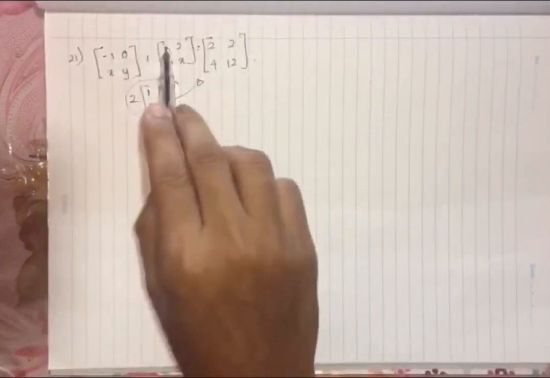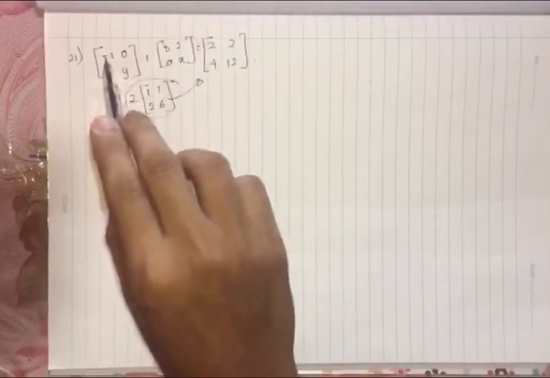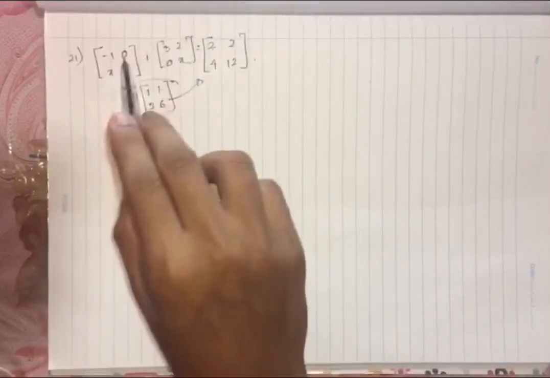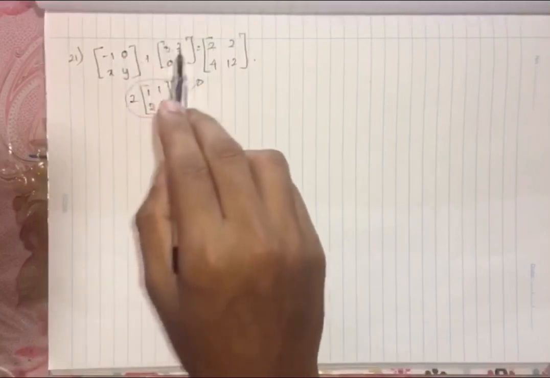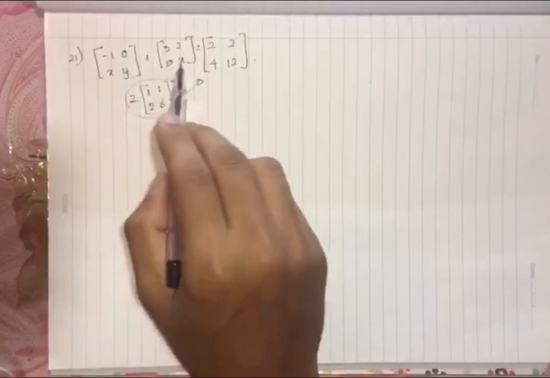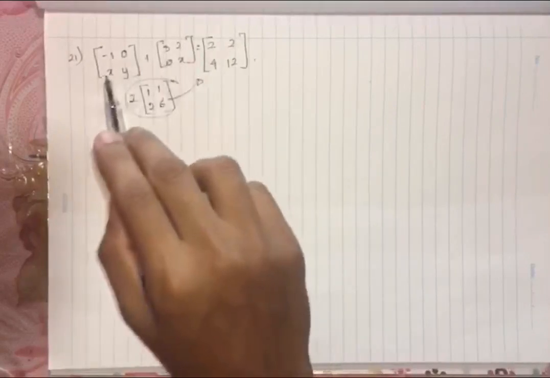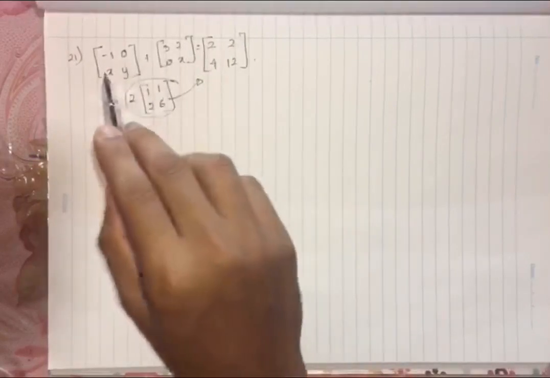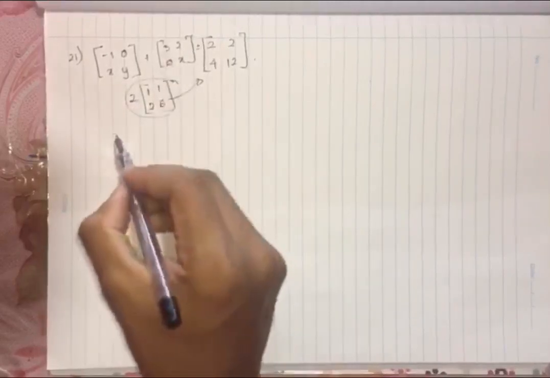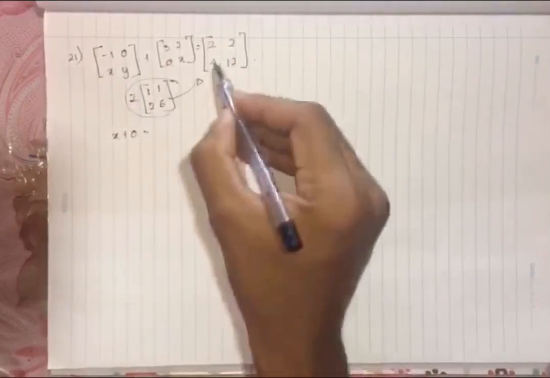Each of these elements should be equal. That is -1 plus 3 is equal to 2, isn't it? Yes. 0 plus 2 is equal to 2. So here you have X. We'll write down these equations where you have X and Y. Here you have X plus 0, X plus 0. What is the value here?